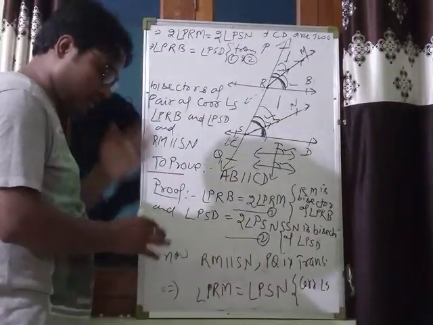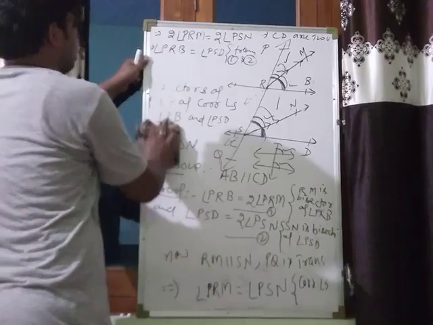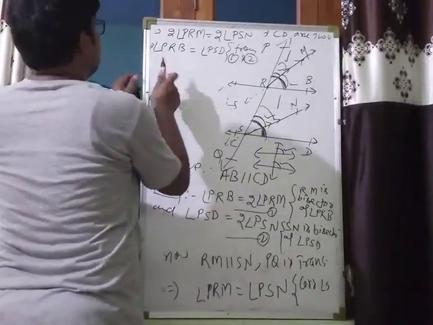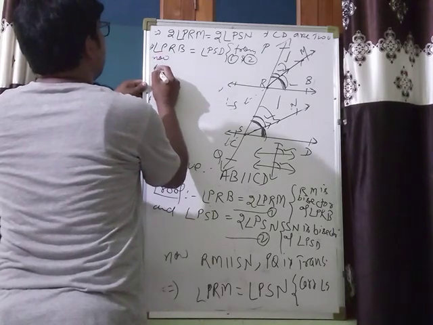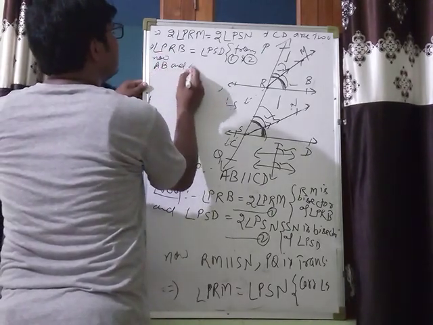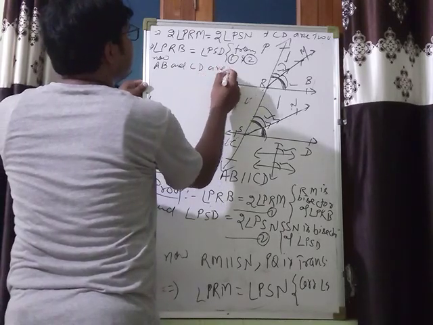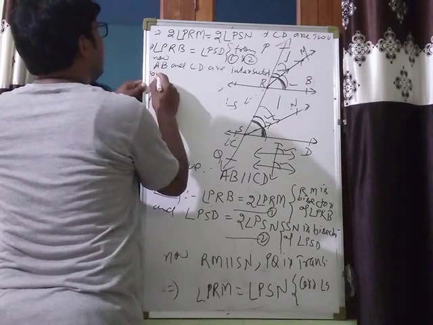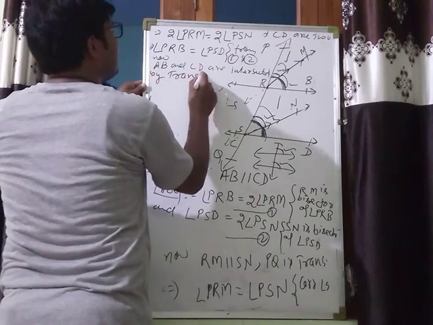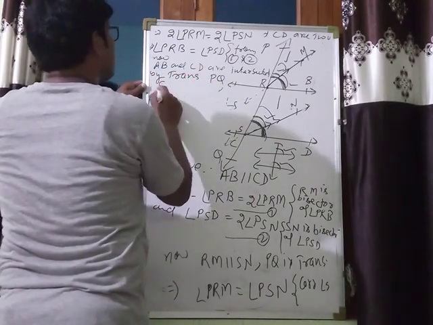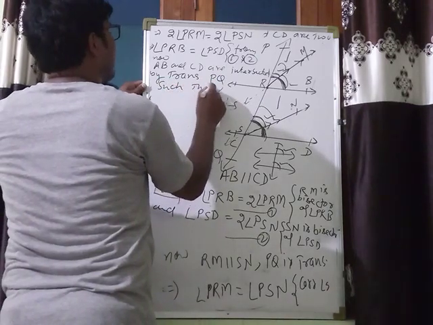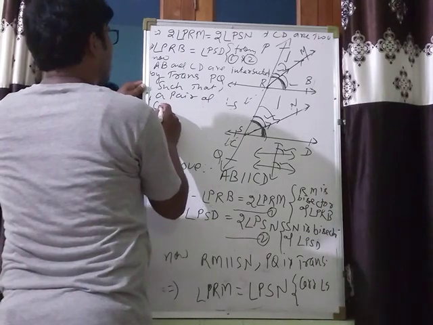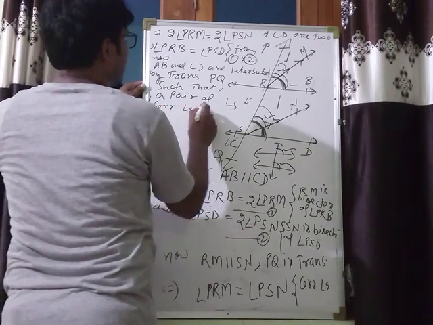So what do we have to write here? Now, AB and CD are intersected by transversal PQ such that a pair of corresponding angles becomes equal.